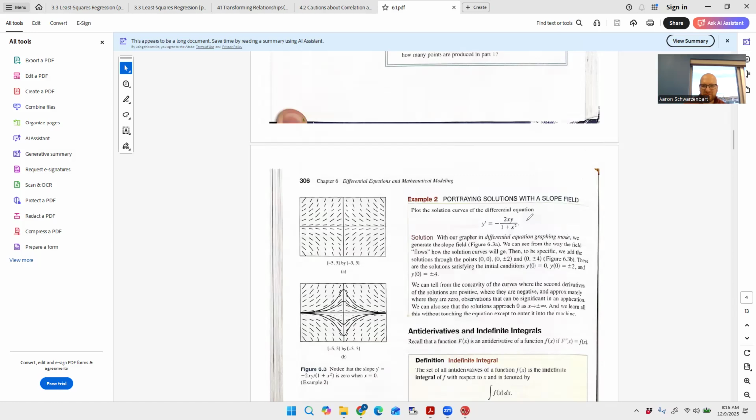Let's see what happens. I'm going to times by 1 over y. So I've got 1 over y dy dx equals 2x over 1 plus x squared. And then I'd multiply both sides by dx.